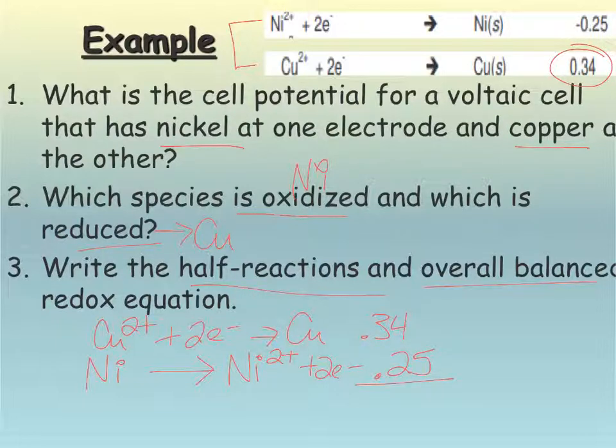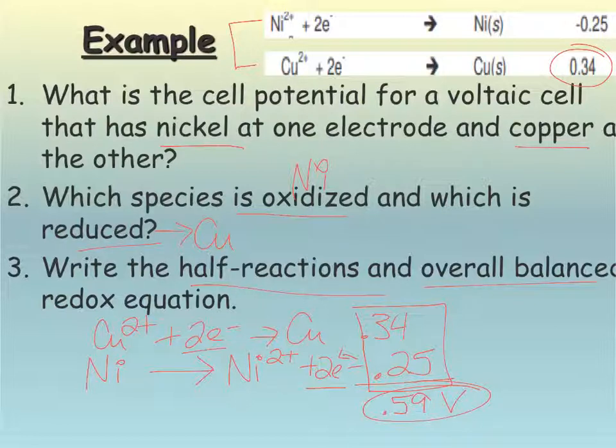To get the cell potential, I'm going to add these numbers up. That negative goes with my electron. What we get here is 0.59 volts for our cell. Now, what I should have probably pointed out first is make sure that your electrons match. If they don't, you got to do some extra stuff.